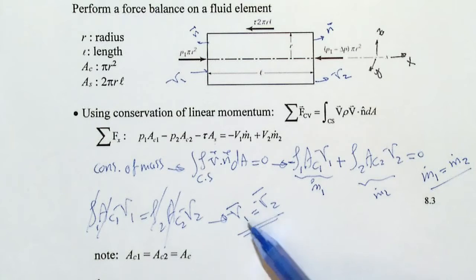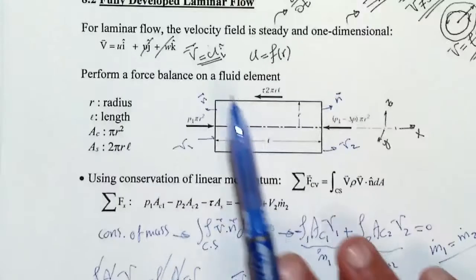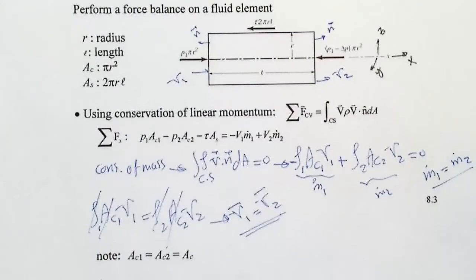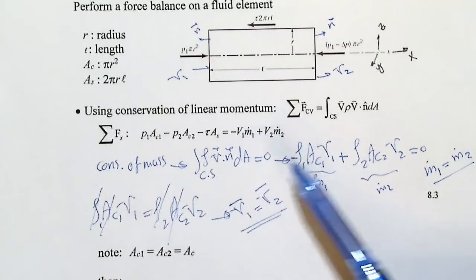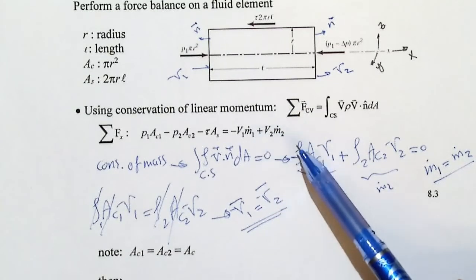So the average velocity is absolutely the same because Q is the same and the area is also the same. So the velocity profile is also constant over the flow because we are in fully developed laminar flow. Okay, perfect. So we know that these two terms, V1, V2 are the same, m dot 1, m dot 2 are the same.